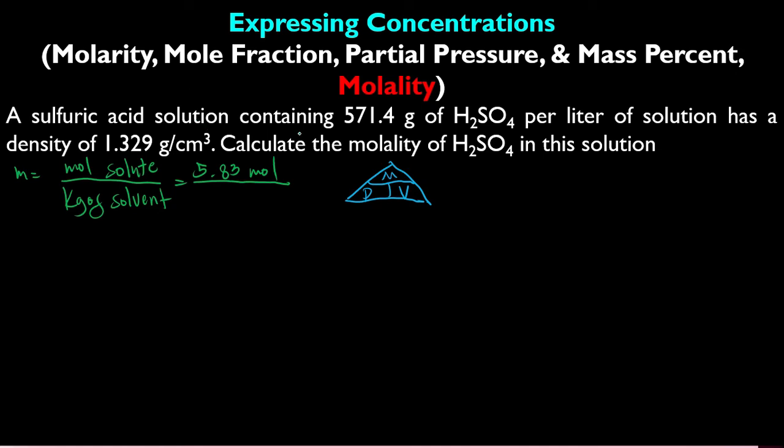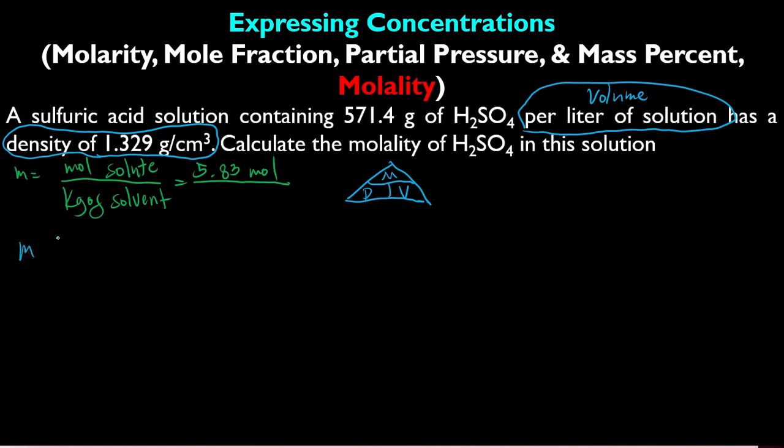Now in our problem, we have the volume of the solution, which is 1 liter, because it is per liter. And this one here is the density of the solution. So we will multiply those to get the mass of the entire solution.